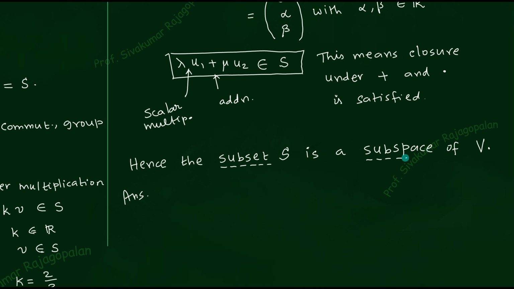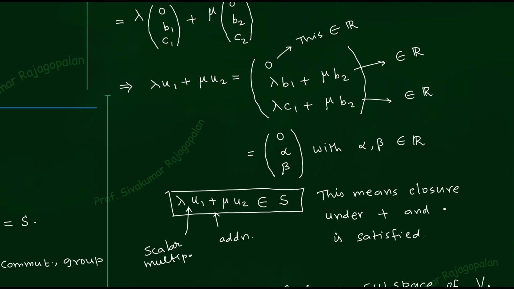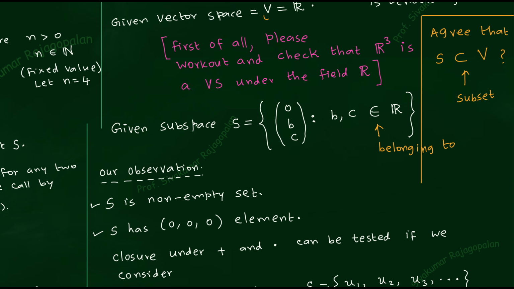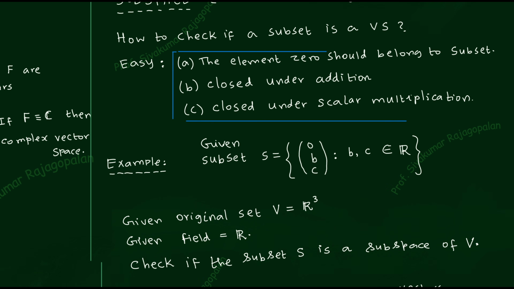So that particular terminology should be there. Such a vector space is known as a subspace. So this is the solution, and you get an idea regarding how the problems in vector space will look like, how you have to proceed, and how you have to think.